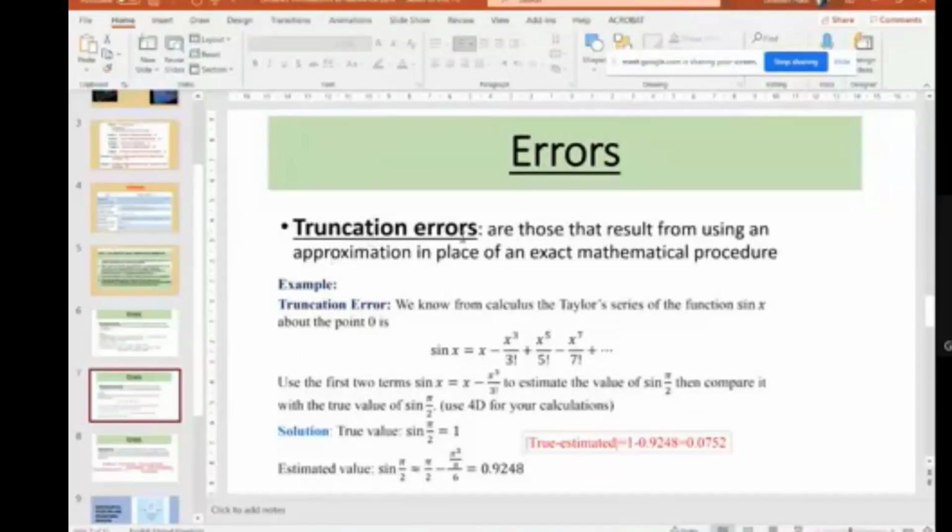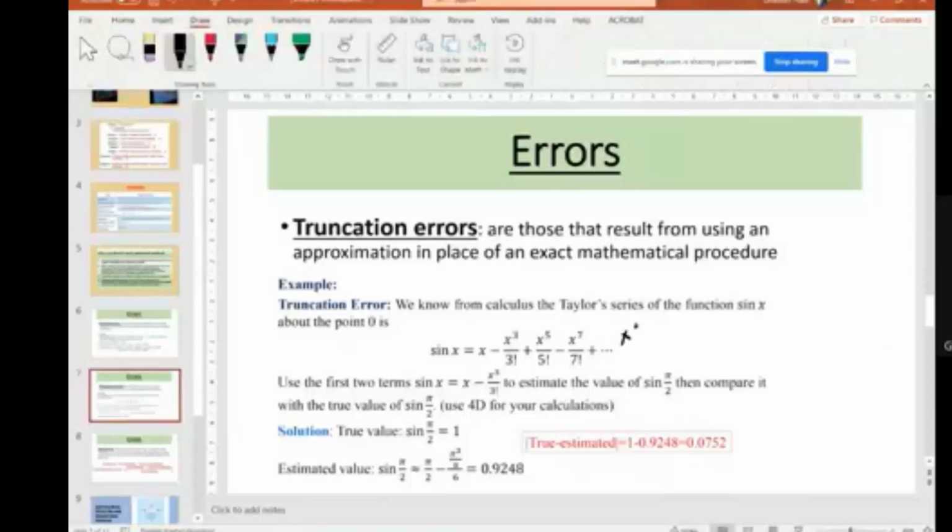It's named truncation error. What is this truncation error? For example, if I want to find sine x, it's equal to x minus x cubed over 3 factorial plus x to the power of 5 over 5 factorial, and so on, up to x to the power of 9 over 9 factorial, and forever.